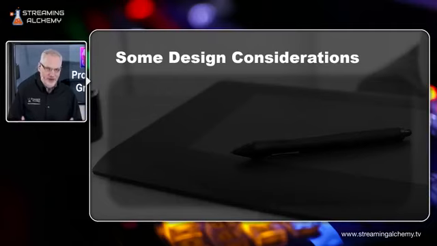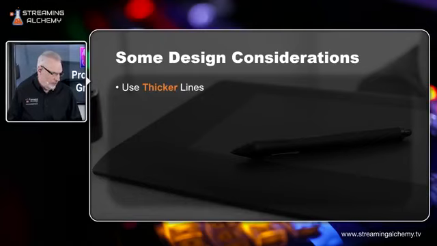So now that we've talked about the graphics, I wanted to touch on some considerations you need to have when designing these graphics. Because if you're used to designing graphics in the non-video world, some of the best practices there don't translate well into the video space. So the first one is you're going to have to use thicker lines.